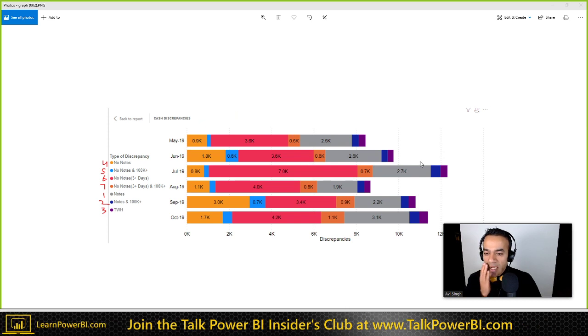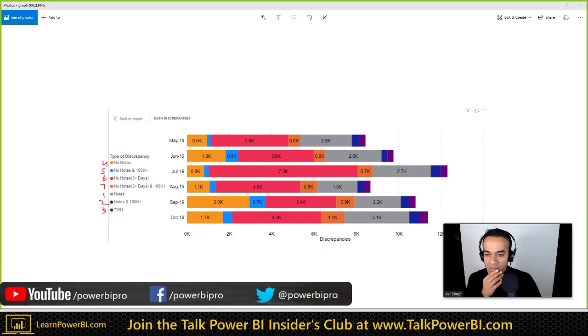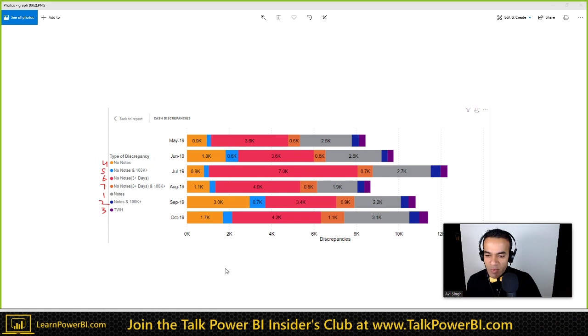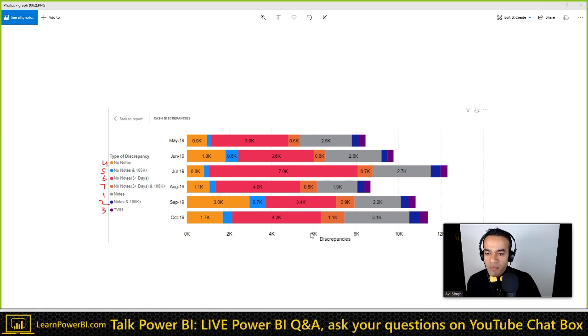Take a guess which is the most important visually, out of all these seven, in a stacked graph? Is it the one in the center or the start?